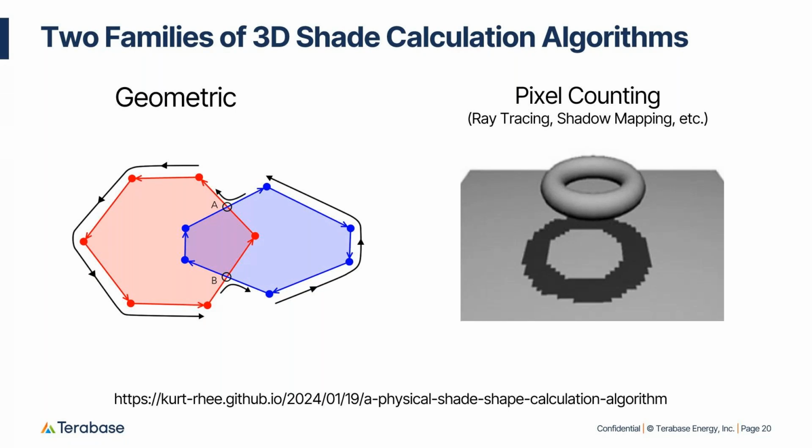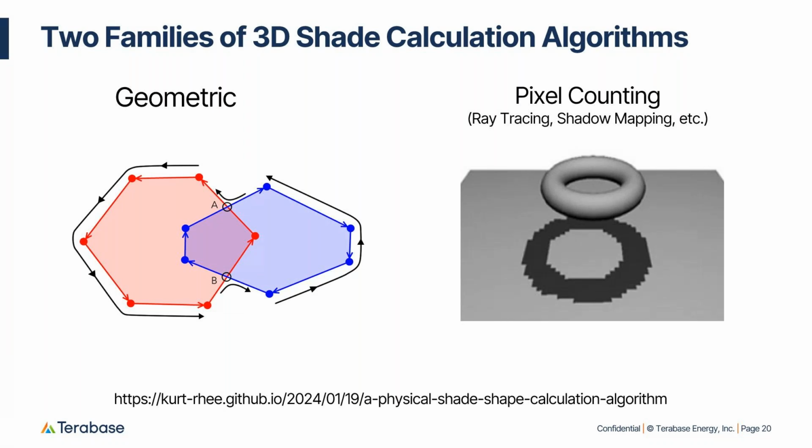This family of 3D shade calculation algorithms is accurate to the floating point accuracy of your computer, meaning that it's basically entirely precise, and all of the uncertainty comes from how good your topography data is, and how good your 3D twin of your site is relative to what's actually installed.